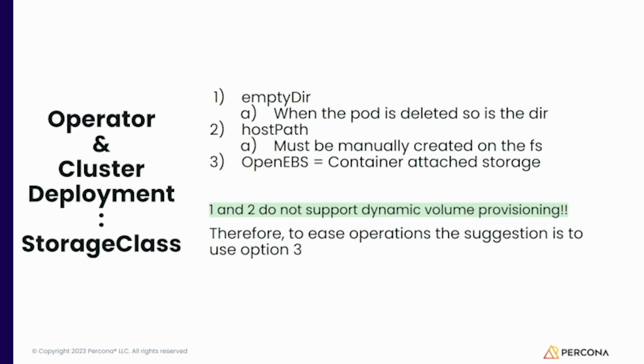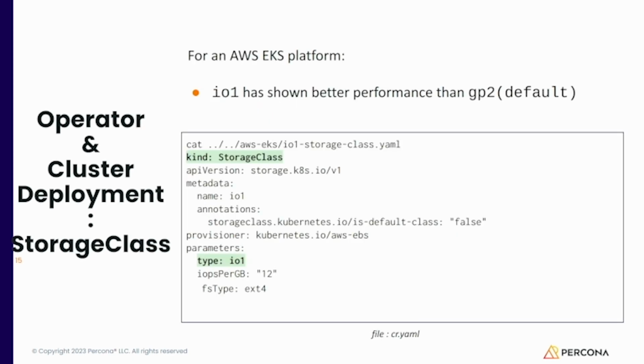The suggestion is to use option number 3 because it allows for volume resizing without downtime. As your dataset grows, you will likely want to enlarge the volume. So OpenEBS, if possible, should be the option to go with.